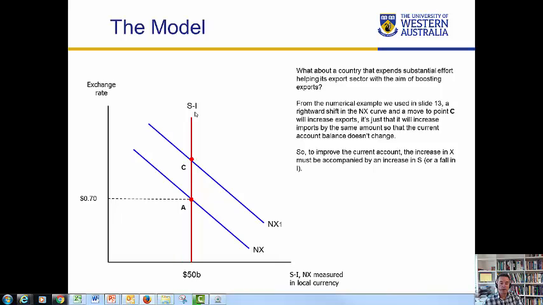And so if we experience an increase in the amount of debt-financed consumption in an economy, that will reduce the level of excess savings overall, and it will shift the S minus I line to the left. That will appreciate the exchange rate and reduce the level of net exports coming out of our export sectors, and it will also increase our imports.